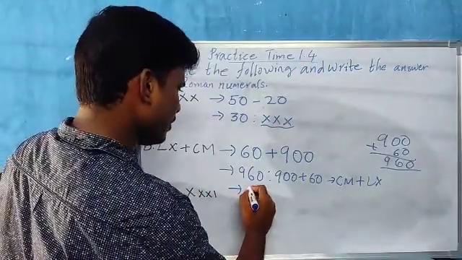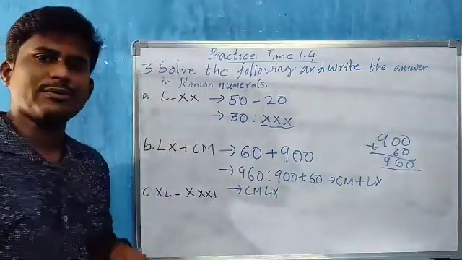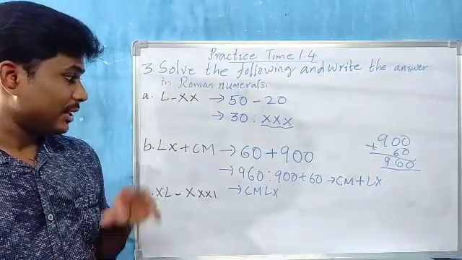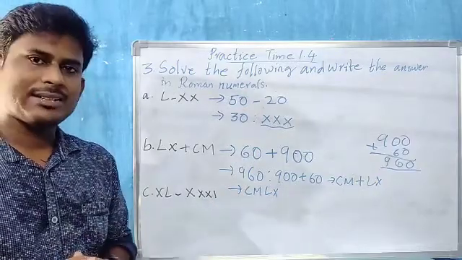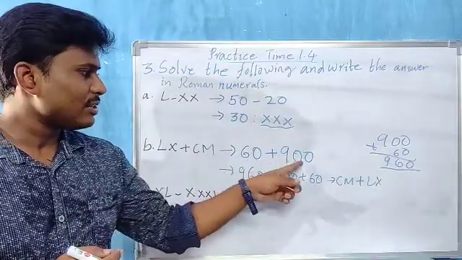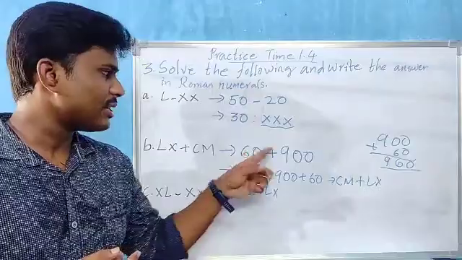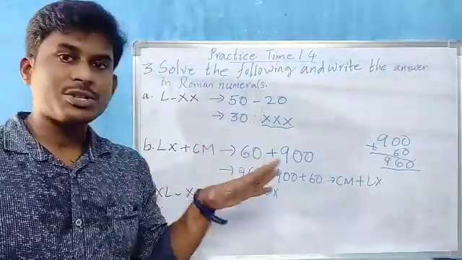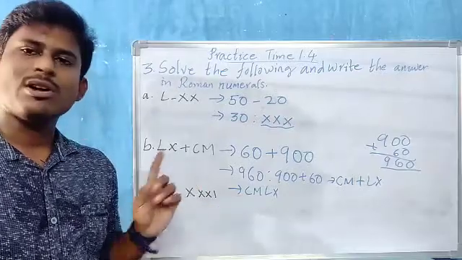Directly we can write CMLX, 960. If you observe LX plus CM and CM plus LX, the answer didn't change because in the ones place we have 0 matching, and in the tens place we have 0 and 6. There is no regrouping. Whenever the question comes in the form of regrouping, then the answer will change. This doesn't work out all the time, children.